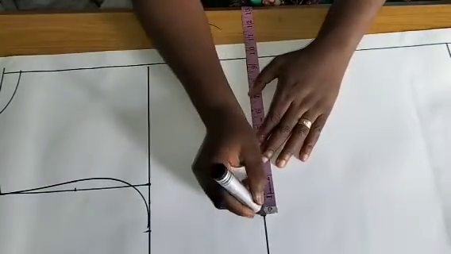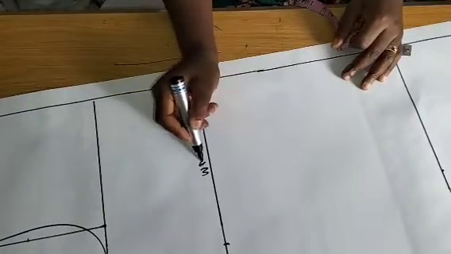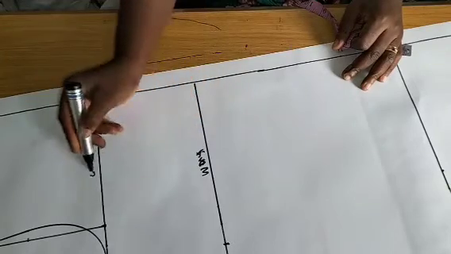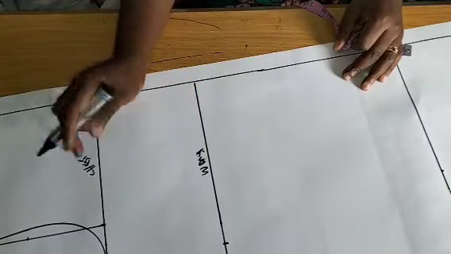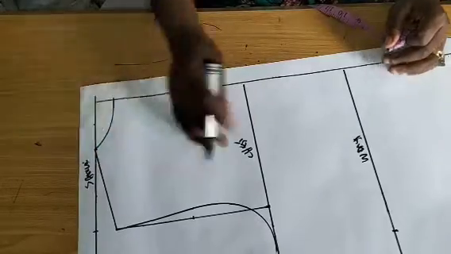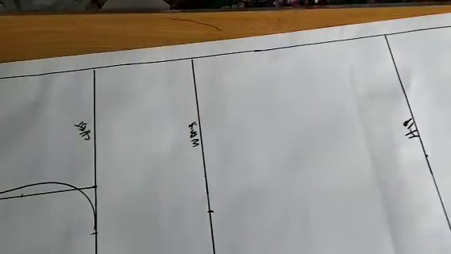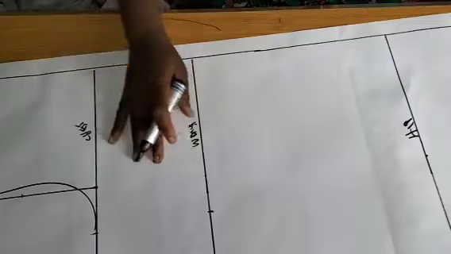Then my waist divided by 4, this is what I have. Like I said, for the back you need your waist, you need the chest line where we'll be taking the bust circumference, we need the shoulder, which is the starting point line, we need our hip. On this hip we might not actually mark anything like I explained last time.